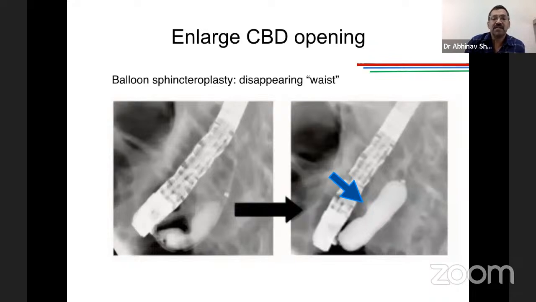So nowadays, a small sphincterotomy is done followed by balloon dilatation. What sphincterotomy does is it provides a pathway for the balloon to expand, and this pathway takes the pressure away from the pancreas, so pancreatitis doesn't occur. So small sphincterotomy with balloon dilatation is the way to go.